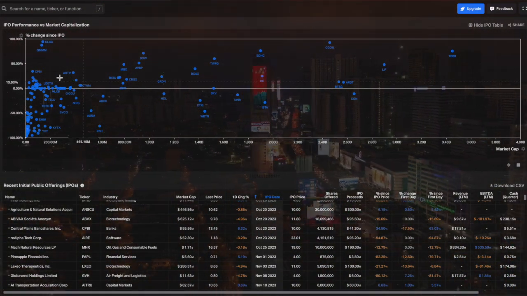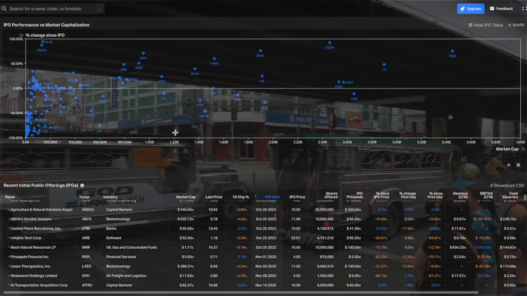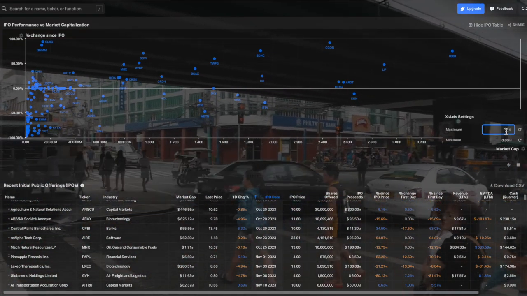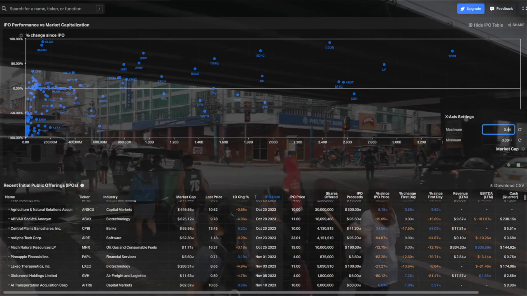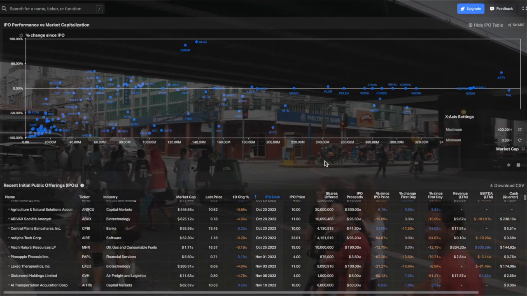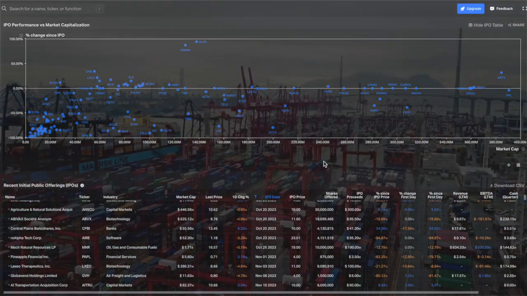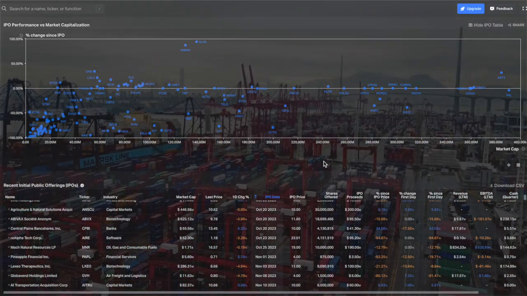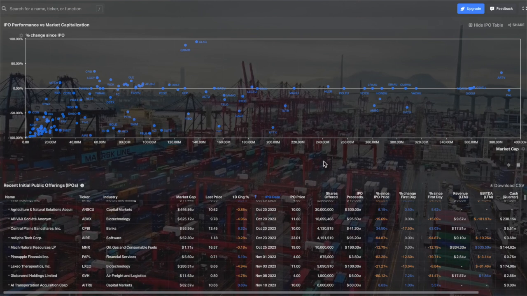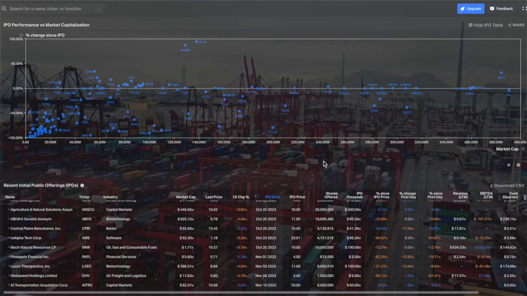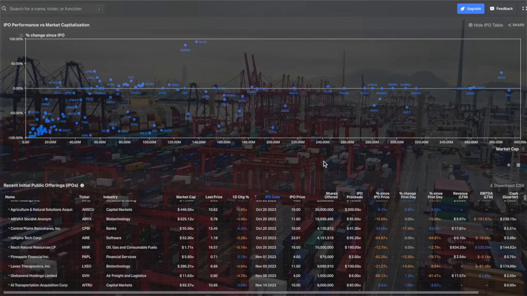Now let's focus in on below 400 million. Okay, so now I've zoomed in. Anything that had a market cap or an IPO below 400 million has been a disaster in the last year.